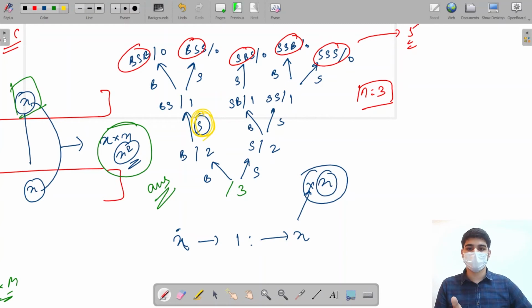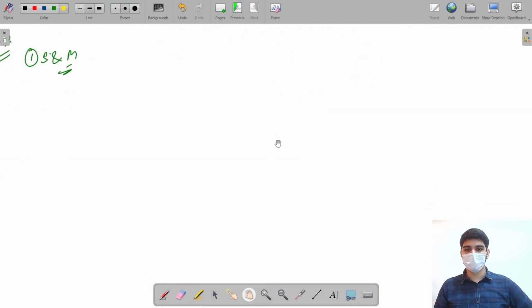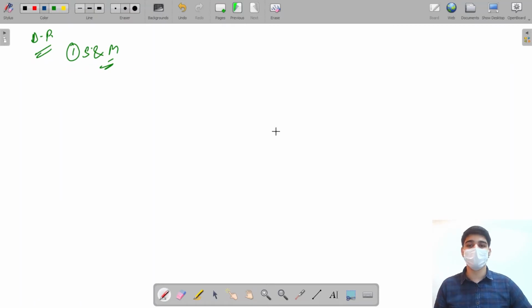If the previous state was space, we can have both building and space over here. If the previous state was a building, we can only have a space over here. So in this case also, we can work with just 2 single variables that account for the previous state.